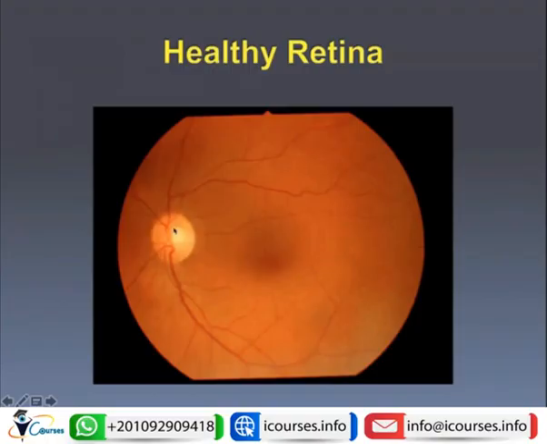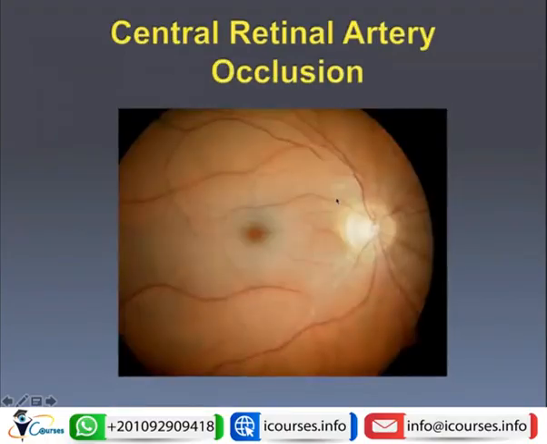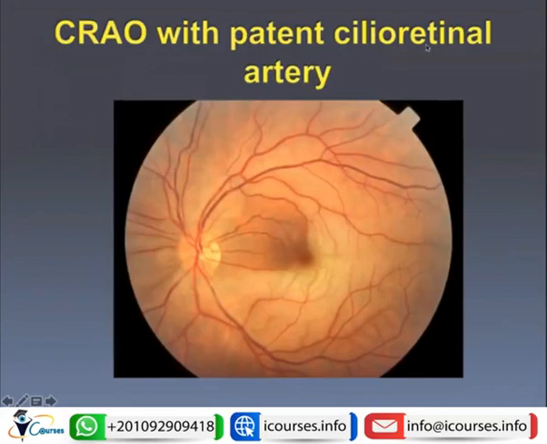If there is a central retinal artery occlusion, this will lead to complete pallor of the retina, as you can see here, because the retina has lost its blood supply. However, the lucky 20% of people who have a cilioretinal artery, if they get central retinal artery occlusion and have a patent cilioretinal artery, will still have retinal pallor and retinal edema.